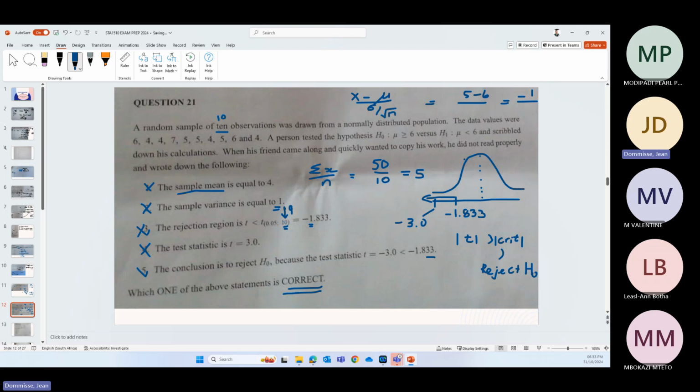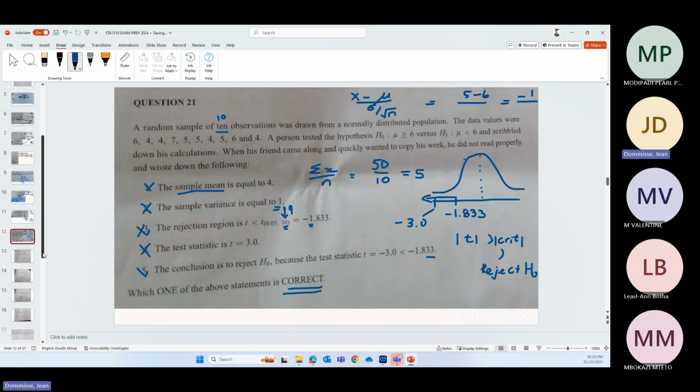So all they need to say is 10 minus 1. That's a very small thing to really watch out for in the exam. Again, we did not need to work out some of the other information for this one.